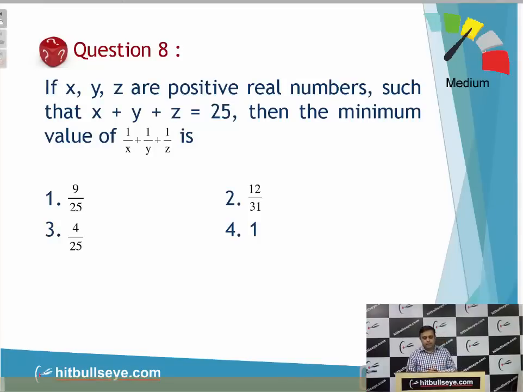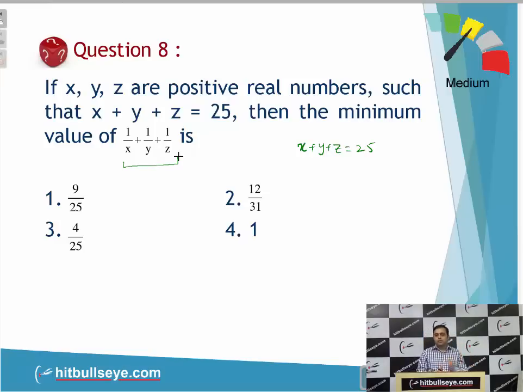Now here the question says that if x, y, z are positive real numbers such that x plus y plus z is 25, what is the minimum value of 1 over x plus 1 over y plus 1 over z? So given that x plus y plus z is 25, and what has been asked is the value of 1 over x plus 1 over y plus 1 over z.